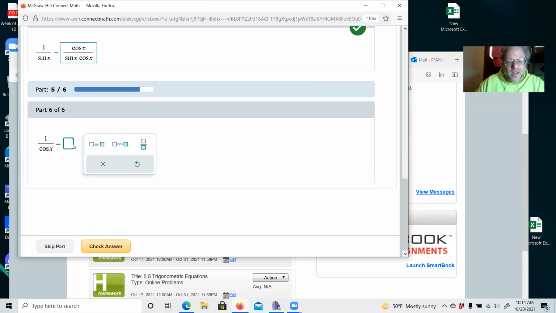And 1 over cosine x is going to be sine x over cosine x sine x.